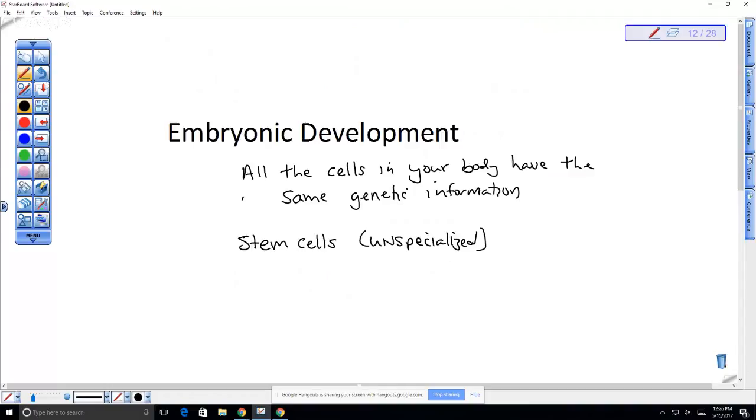Embryonic stem cells would be in the embryo, but we also have stem cells found throughout the tissues in our bodies that can be induced to become different types of tissues. Okay? These stem cells differentiate, it's called, and become specialized cells.